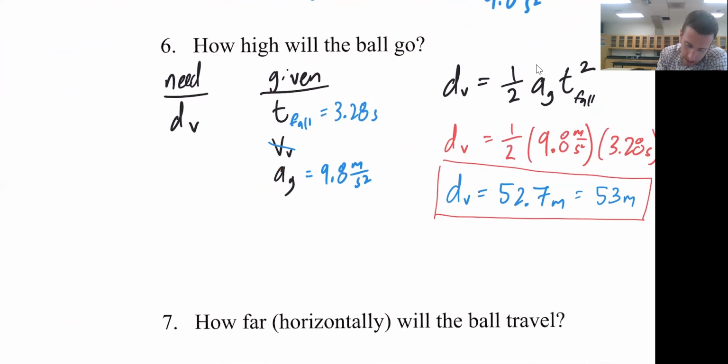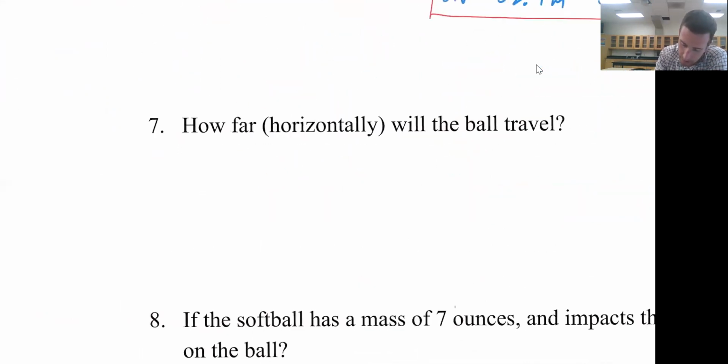All right, now for horizontal. How far horizontally will the ball travel? So that's also a distance, but I need the distance horizontal. So what do I know horizontal? Well, I already calculated in number 4 the horizontal component of velocity.